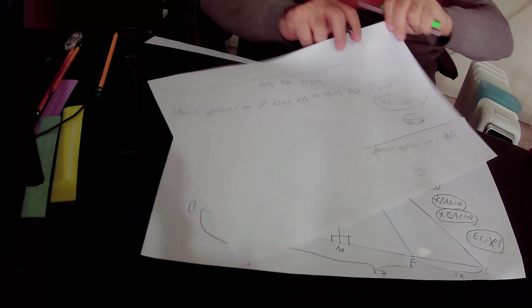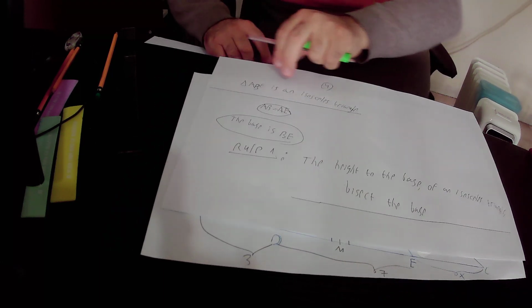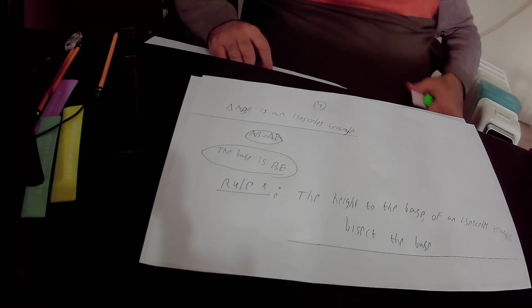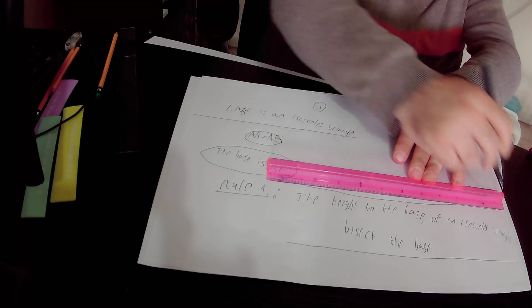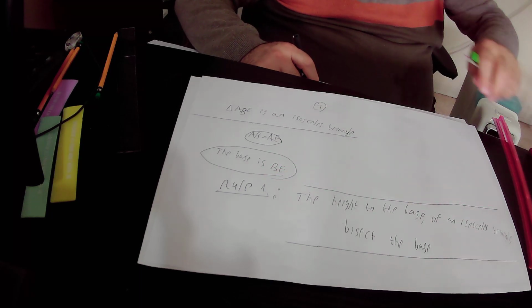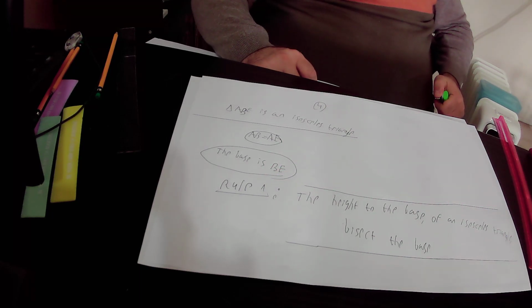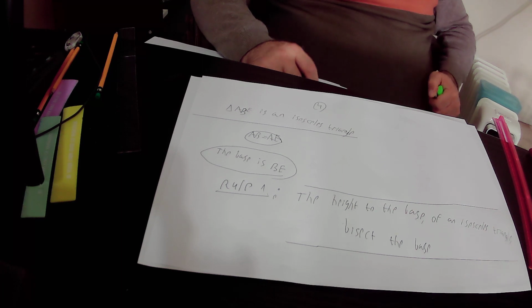So I'll repeat again on rule number 1: according to rule number 1, the height to the base of an isosceles triangle bisects the base.